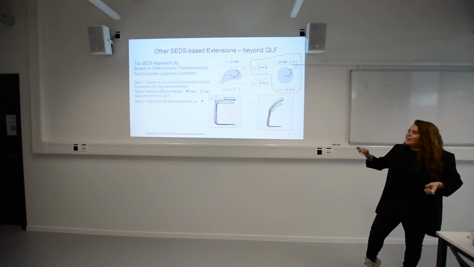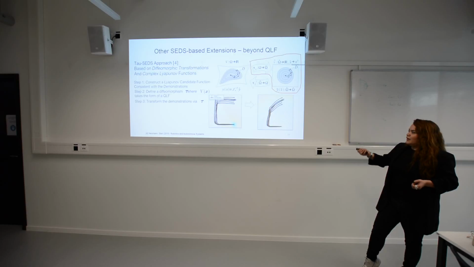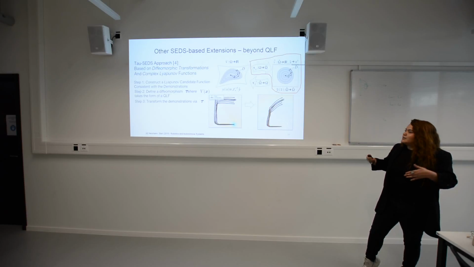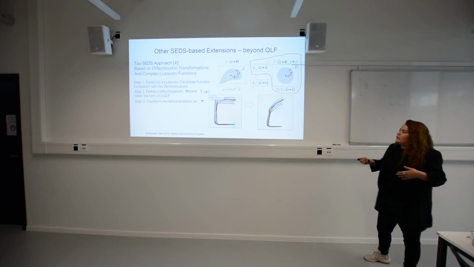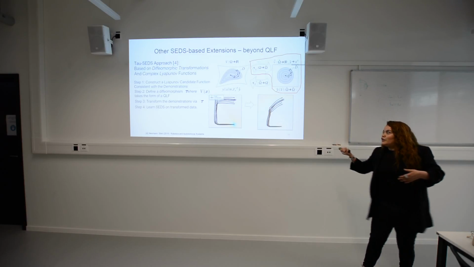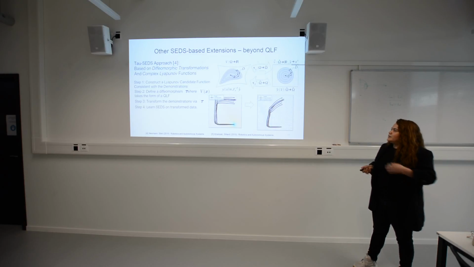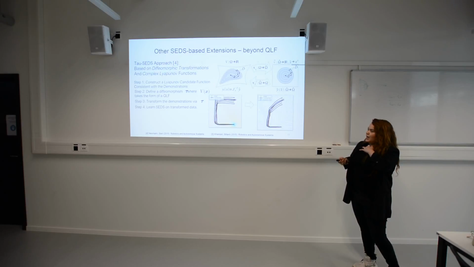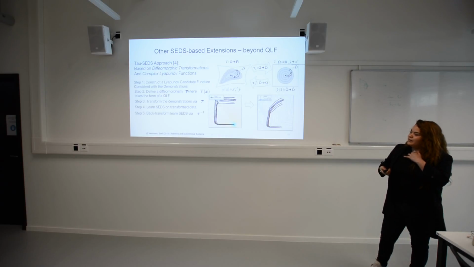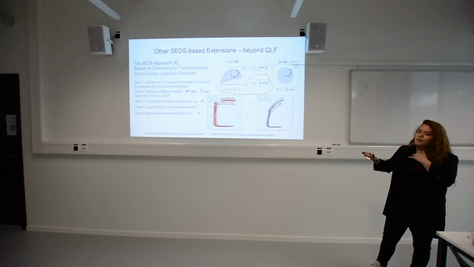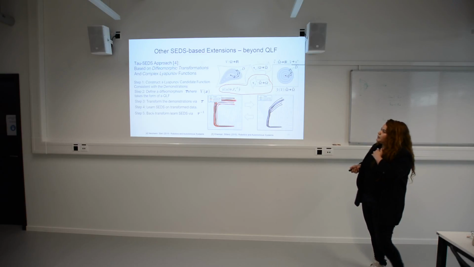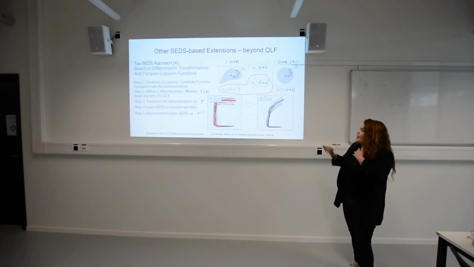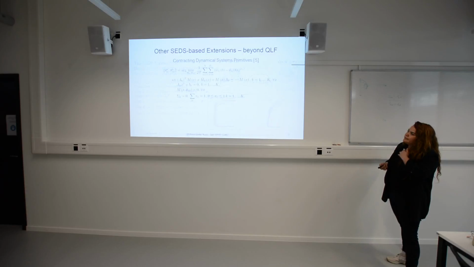We transform our data based on this transformation, so now our data looks something like this, which is not contradicting a quadratic Lyapunov function. Then they learn SEDS in this new space, and then transform it back to the original space, and they get really good reproduction accuracy. So that's basically this approach.